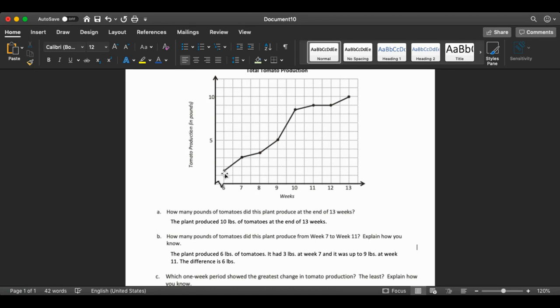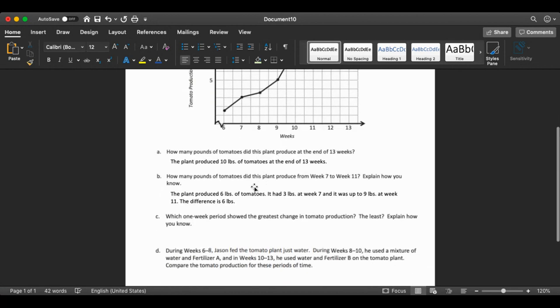So if I'm just looking here, I'm noticing there's one pretty steep line. There are some other increases, but one line is the steepest, which means there was the greatest change. So it looks like from week 9 to week 10, there was the greatest change in tomato production, the greatest increase. So it goes from 5 to about 8.5. There's other increases, but they're not quite as large as this increase from week 9 to 10.